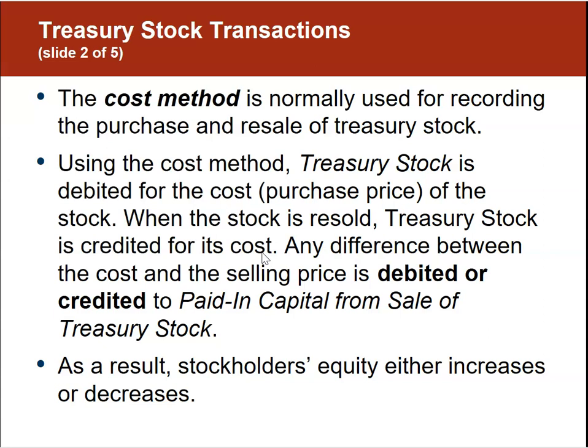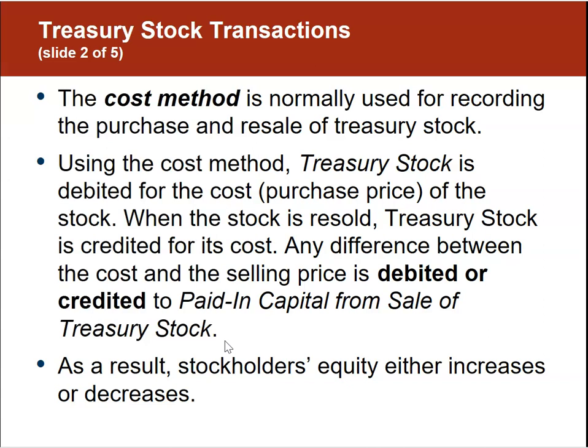It went down. Any difference between the cost and the selling price is debited or credited to paid-in capital from the sale of treasury stock. So what we're saying here, essentially, is that companies are not allowed to recognize gains or losses on the resale of treasury stock.